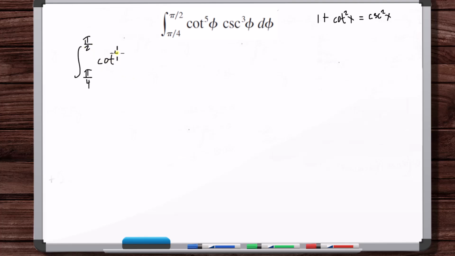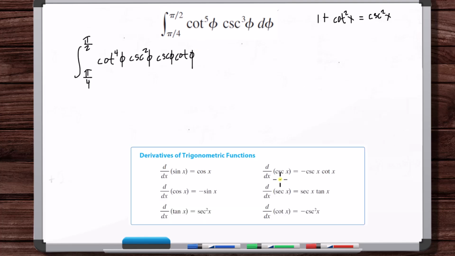So cotangent to the fourth, and then we're going to be making the substitution that u is equal to cosecant of psi.